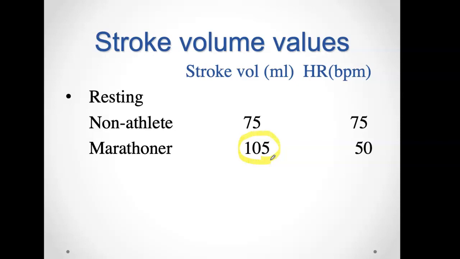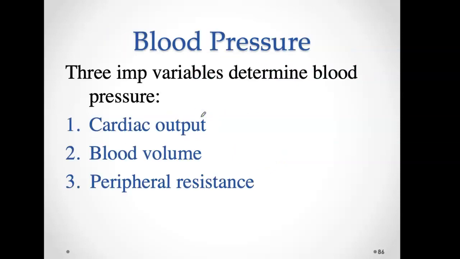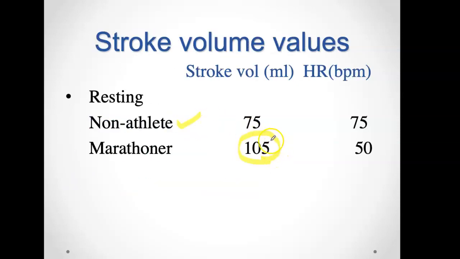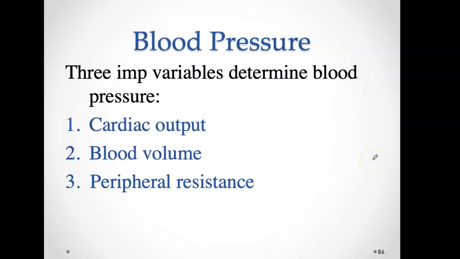Because they're very efficient. They have this heart that is a muscle, which is so efficient. Every time it contracts, it ejects way more blood than the regular couch potato. Okay? So therefore, this value being so big, the heart rate doesn't need to be as frequent. It can be much less so.